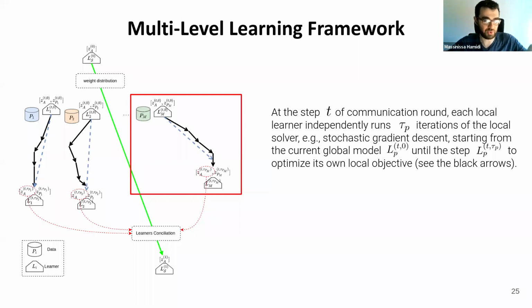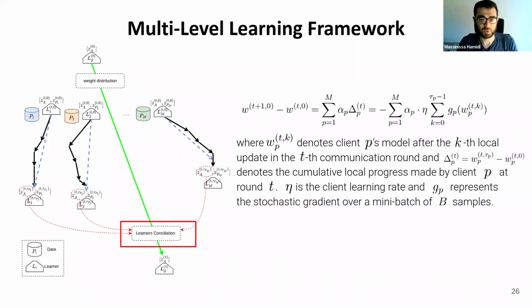At the end of these iterations, we proceed to the reconciliation phase. Reconciliation takes place, as we have seen previously, through a weighted aggregation of the weights of different local learners. And here you can see how the central weights are updated using the gradient steps that are aggregated from the local learners.